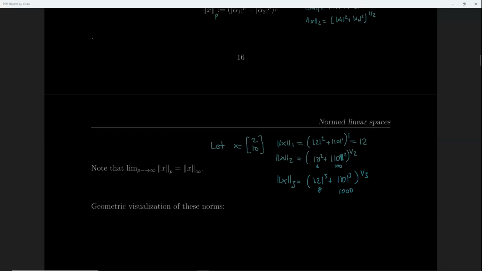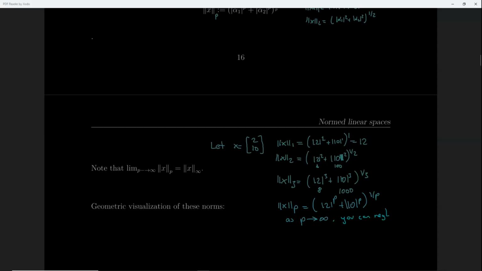So if I take the infinity norm of x, like x p, and p goes to infinity, the expression is simply 2 to the power of p plus 10 to the power of p, and we take the power of 1 over p. As p goes to infinity, we can neglect the first term.